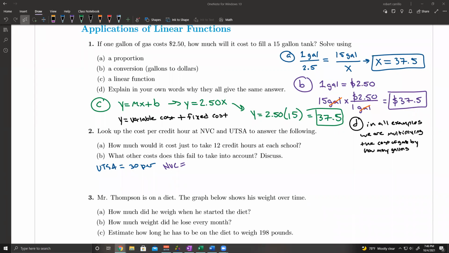UTSA's popped up like nothing. To me, that's that.